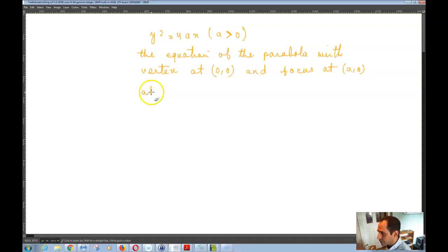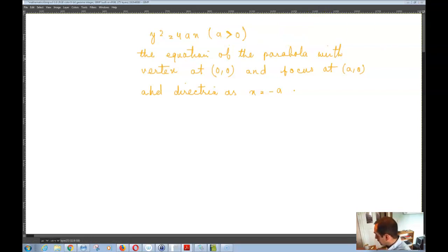and directrix as x is equal to negative a. And of course, as I mentioned before, a is greater than 0.